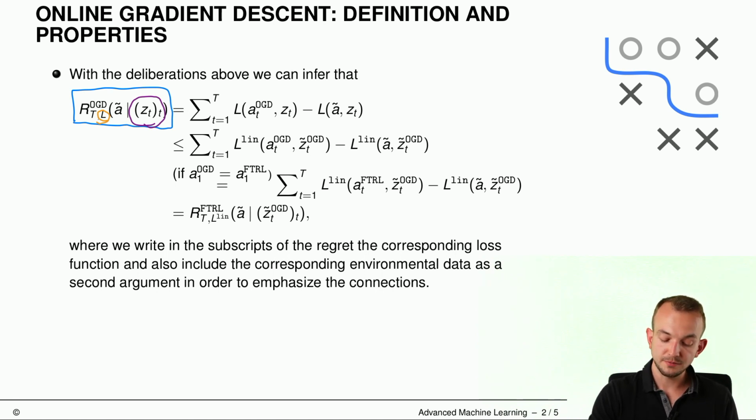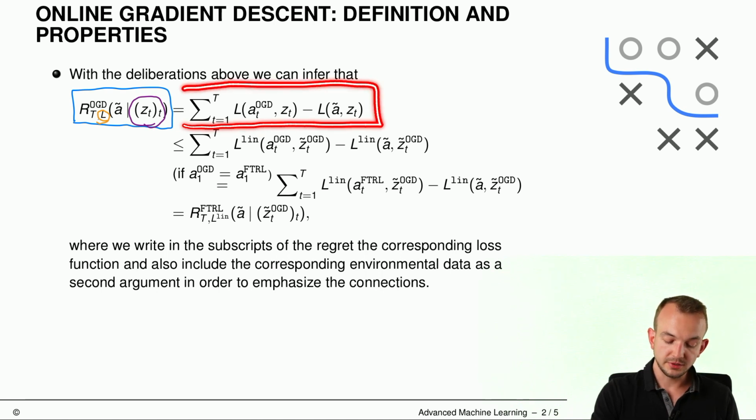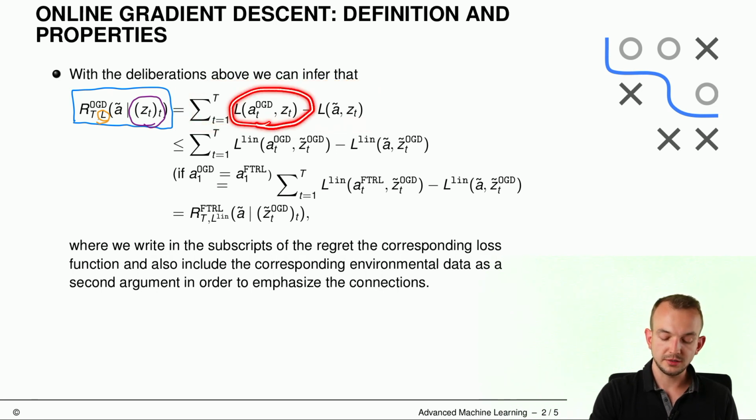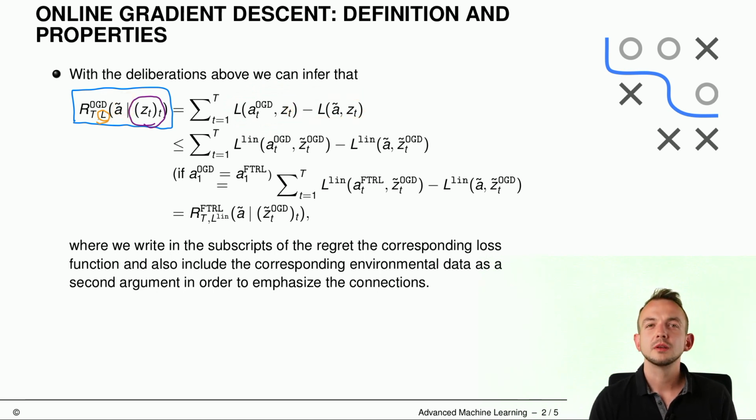By definition, it is the difference between the cumulative losses incurred by our online gradient descent algorithm and the cumulative loss the competing action A tilde will incur. Importantly, we have here the convex losses, and we have them for the original environmental data points.